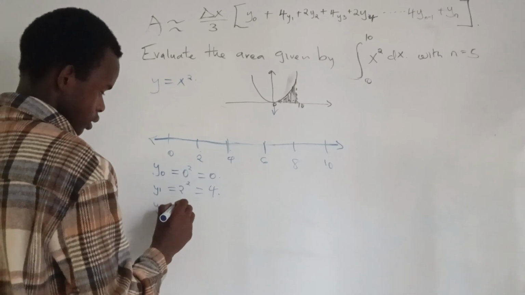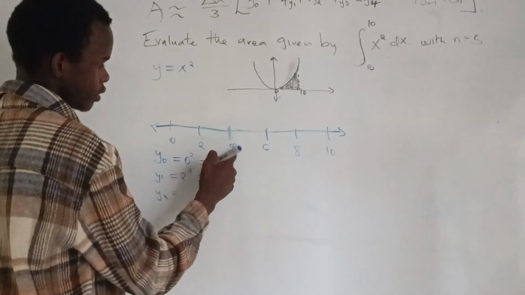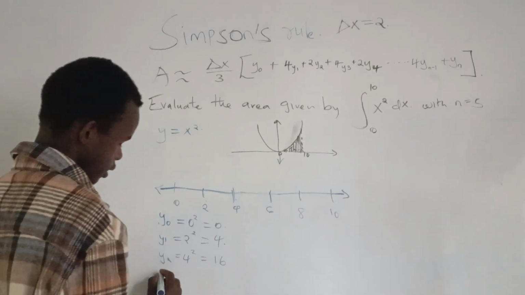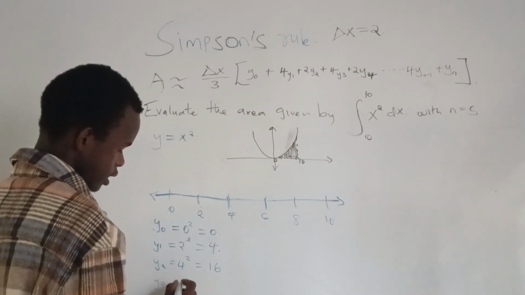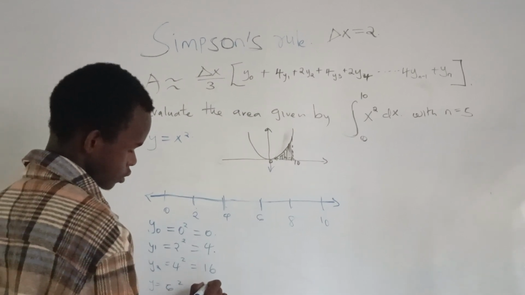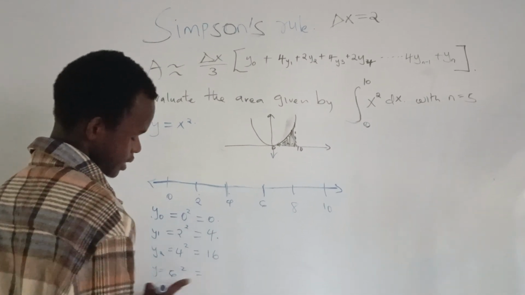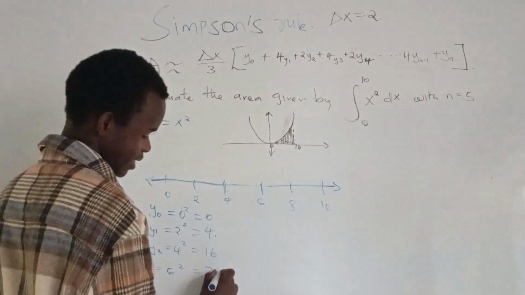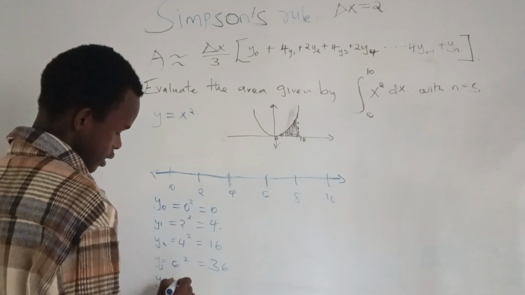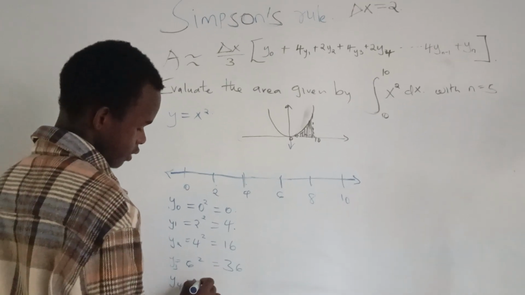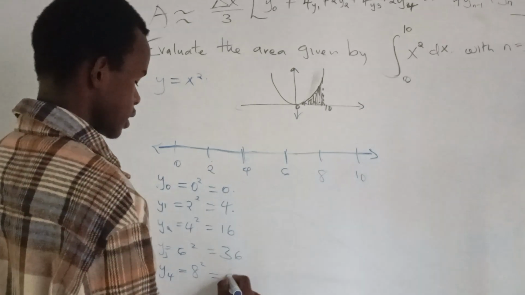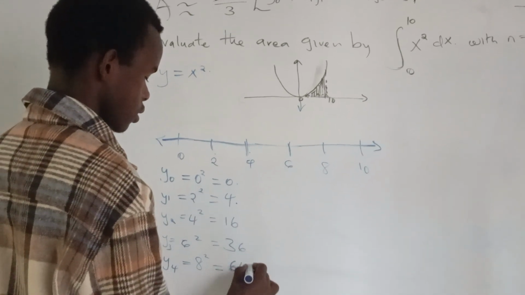Our y2 is where x is 4, so 4 squared is 16. Y3 is 6 squared, 6 multiplied by 6, that is 36. Y4 is where x is 8, 8 squared, so it will be 64.